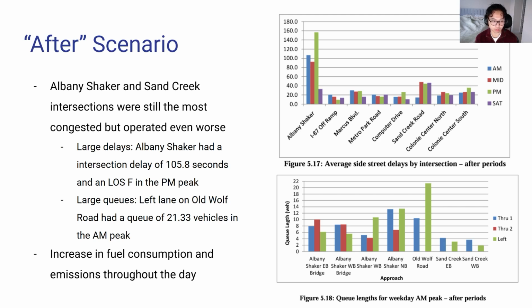Albany Shaker before was operating at an LOS E in the PM peak, and now it's operating at an LOS F with 105.8 seconds. And the queues are also roughly 21 in the AM peak. And again, there's also an increase in fuel consumption and emissions throughout the day, just similar to what we saw for the before scenario.